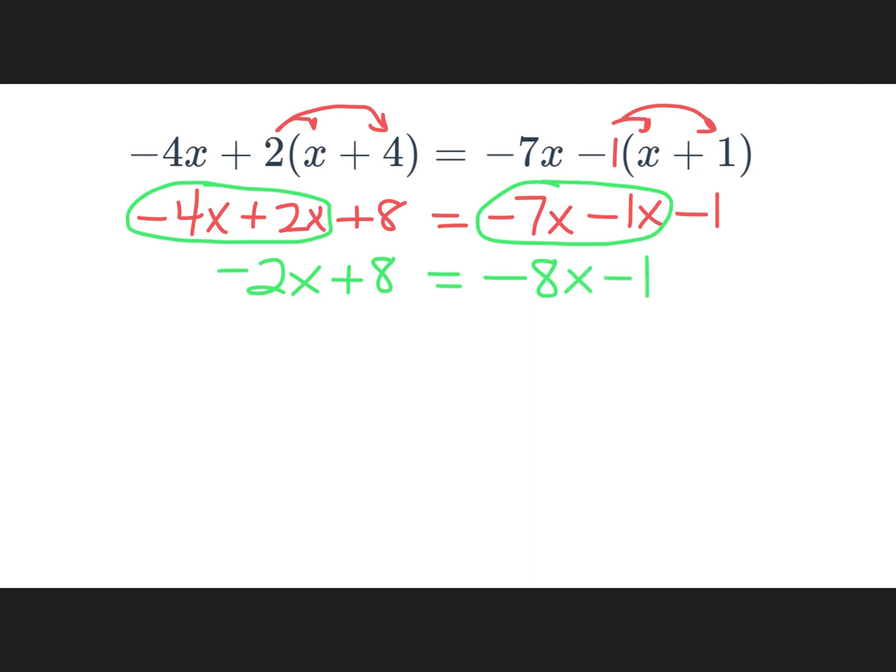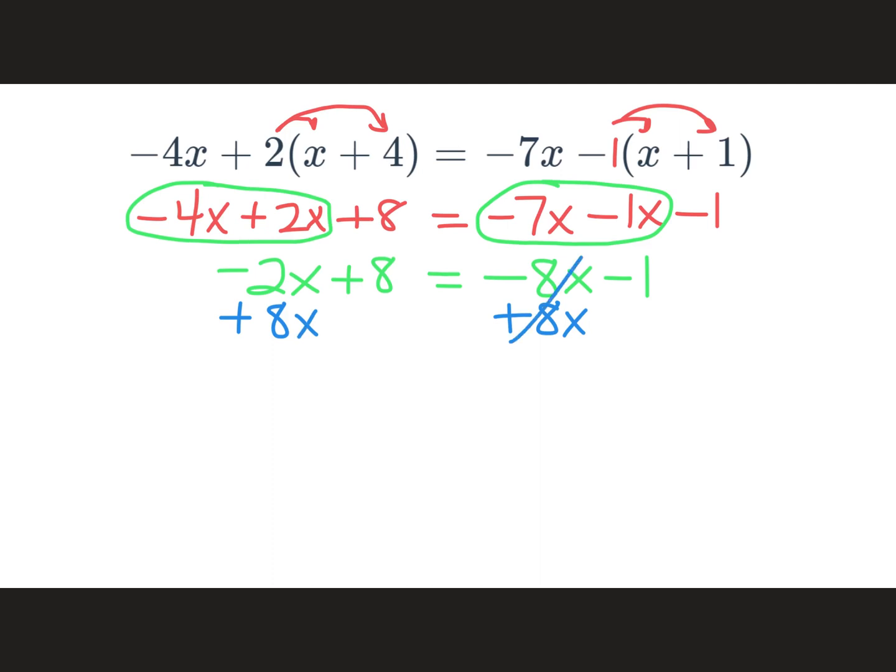All right. Step 3 is to find out that, yeah, I do have an x term on both sides. So let's get rid of one of them by adding or subtracting. I'm going to get rid of the -8x. How do I get rid of a negative term? I do a positive term. So I'm going to do a positive 8x here and positive 8x here. I'm lining up like terms. These are going to go away.